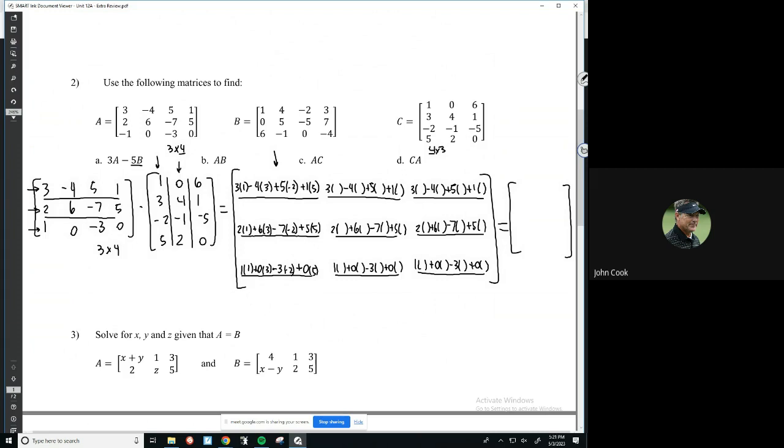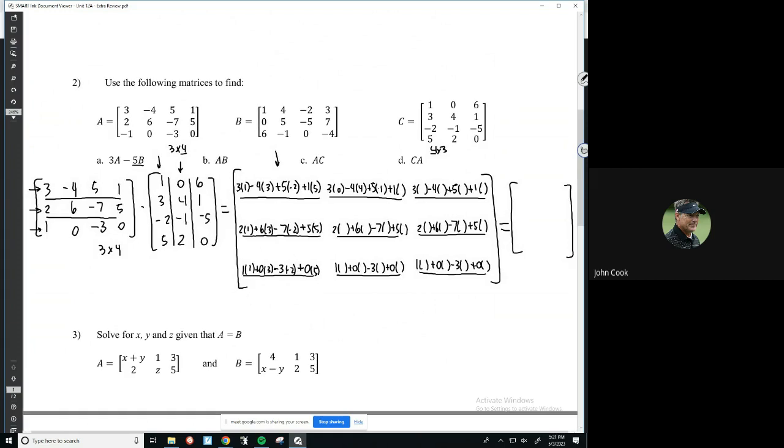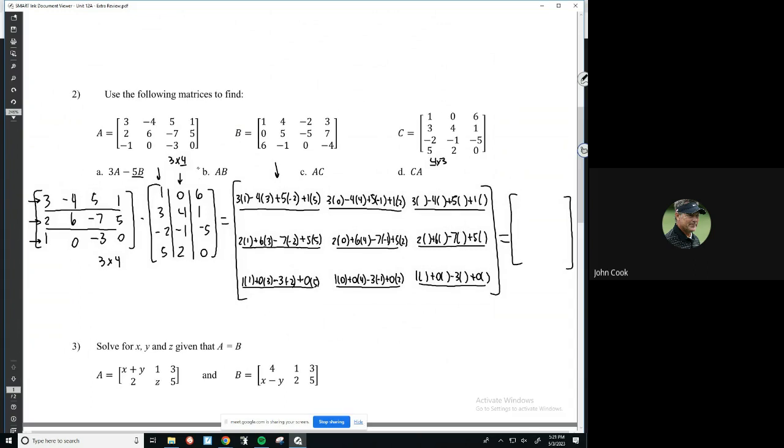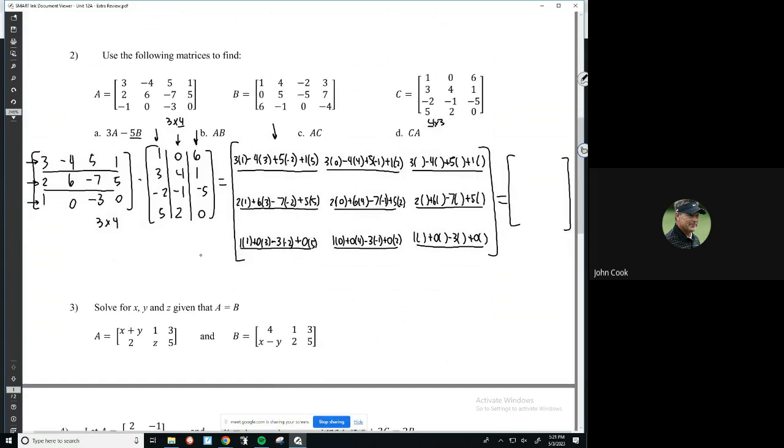So 0, 4, negative 1, 2. And then the third column is going to be all this stuff here. So 6, 1, negative 5, 0.